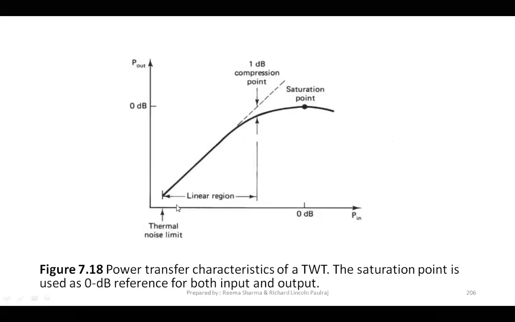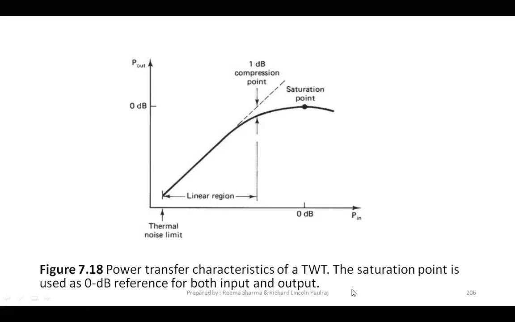It will lose its linearity and slightly get into the saturation point. When it gets into the saturation point, that's when your electron beam loses its destination. So, power transfer characteristics of the TWT.